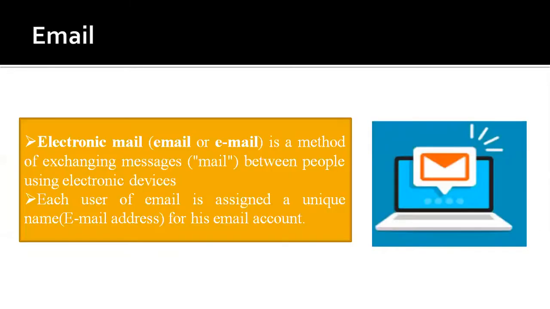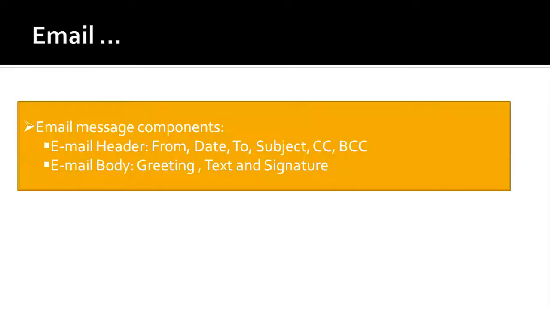The next term we come across in our daily life is email or electronic mail. It is defined as a method of exchanging information between people using electronic devices. Each user of email is assigned a unique name called an email address for his email account, and it consists of the following components.